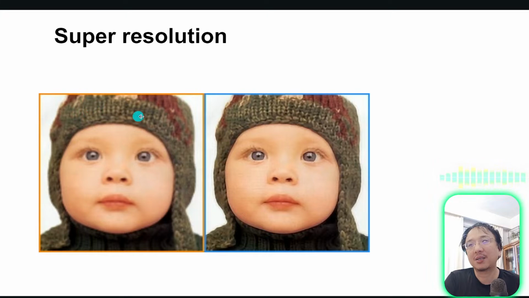The thing is that even though we only got low resolution information right here, because a lot of patterns repeat in a single image, we can use other parts of the image to enhance our resolution, because we can assume that this pattern right here is similar to other places.